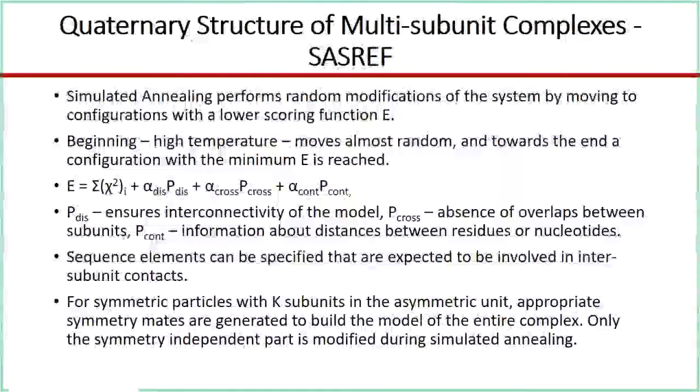When I talk about how to run the program, I will show you how to introduce contacts. For symmetric particles, you perform the simulated annealing on one asymmetric unit and then apply that to all the symmetry mates. So if symmetry is known, it helps in accelerating the process.